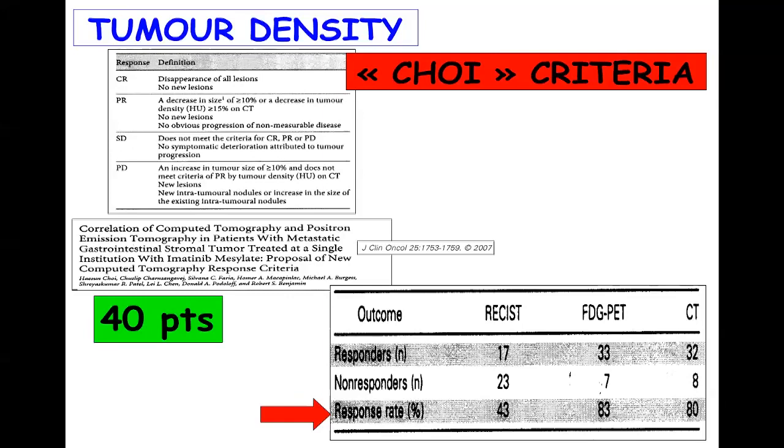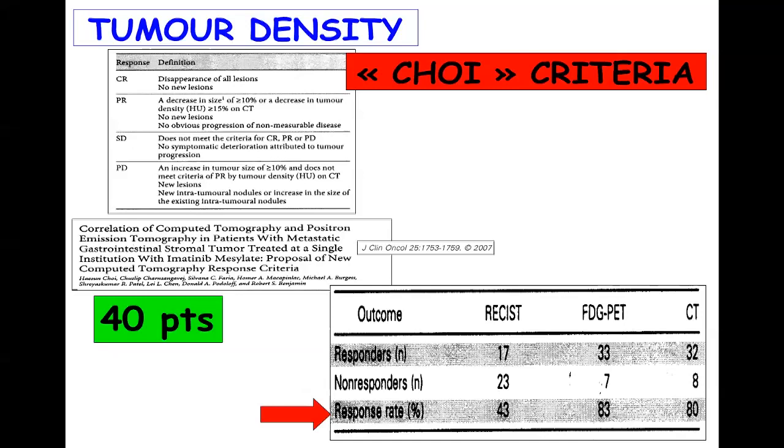And progressive disease is an increase in tumor size of more or equal to 10% that does not meet criteria of partial response by tumor density on CT. New lesion or new intratumoral nodules, or increase in the size of the existing intratumoral nodules.